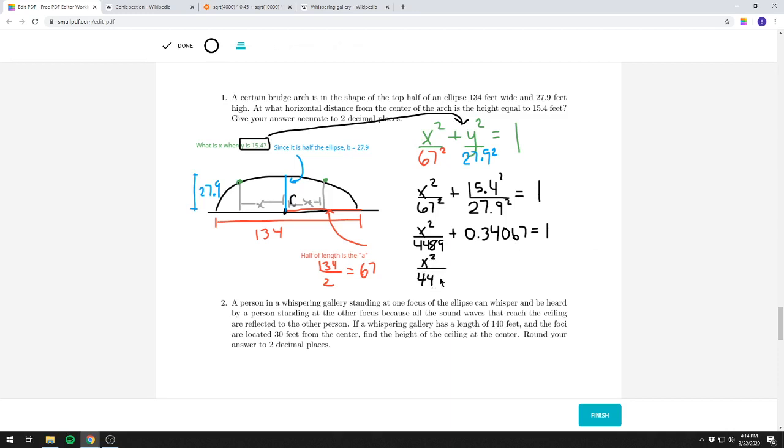x squared over 4,489 equals 1 minus 0.34067. Now that number doesn't make sense, hold on a second. Now there we go, 0.65933.